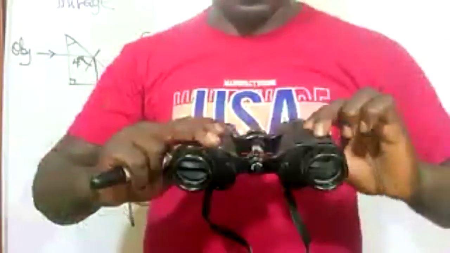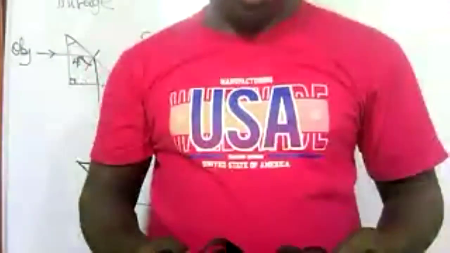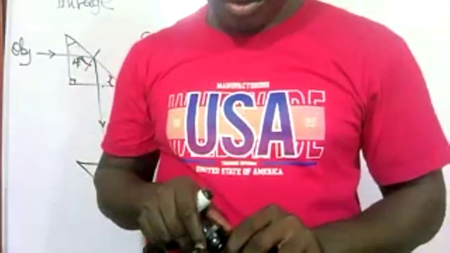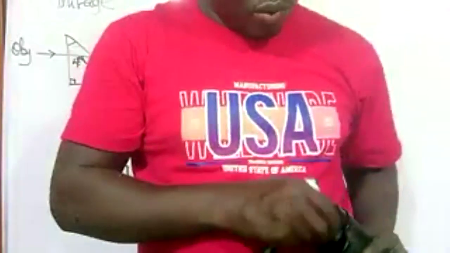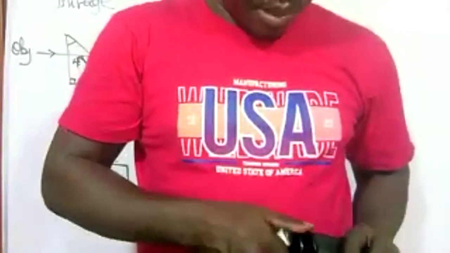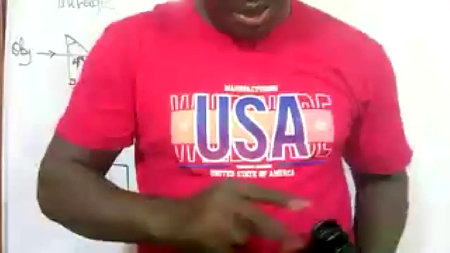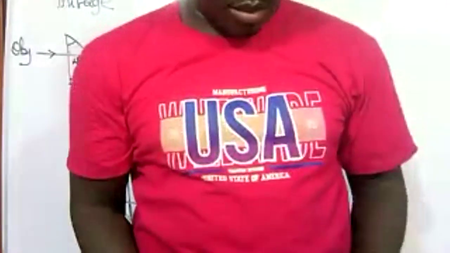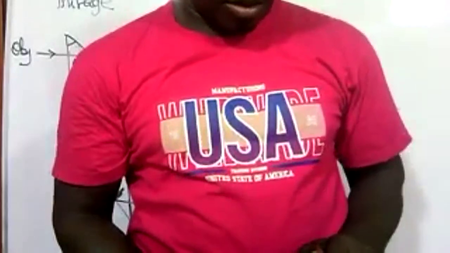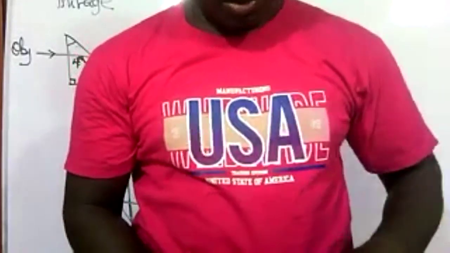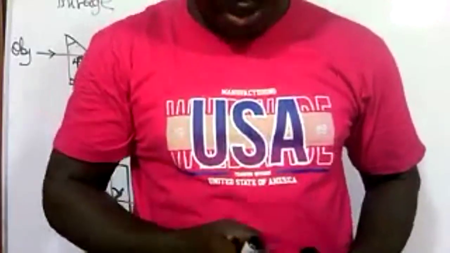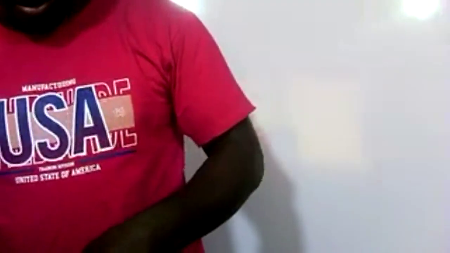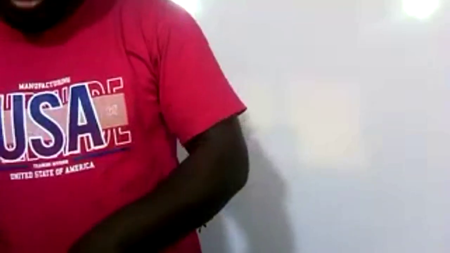The binocular also operates on the principle of total internal reflection. When you open it, within there is a prism. I just want to open it for you to see what is inside there. There is an equilateral triangular prism.